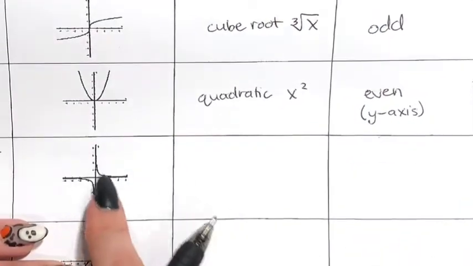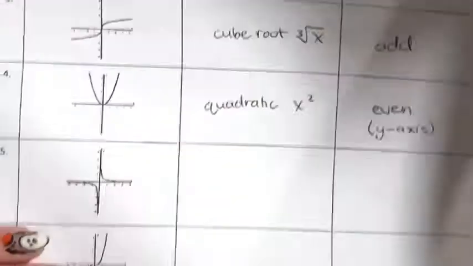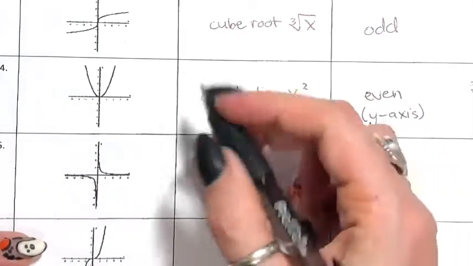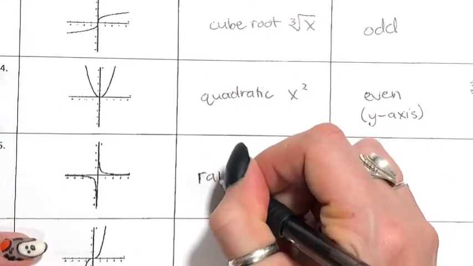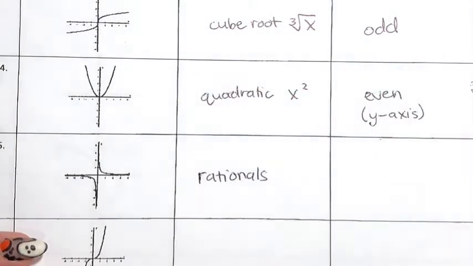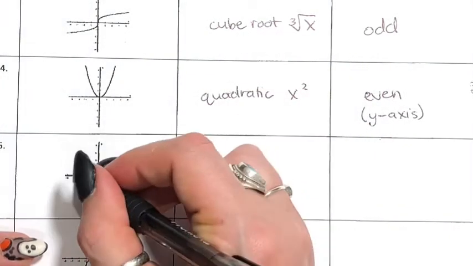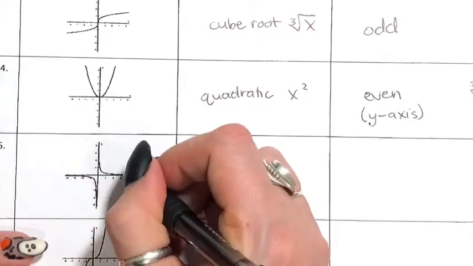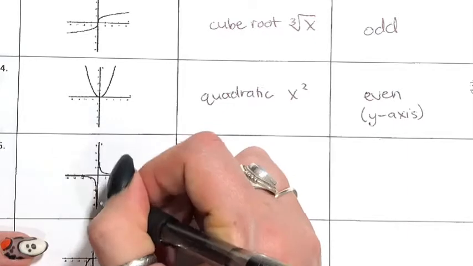Okay, this next one, this wasn't on our list of ones that we were looking at a second ago, but this actually has to do with the last unit we just did. These are going to be rationals. So rationals, we're going to spend more time graphing these as well, but they have what we kind of call a saddle shape. So there's going to be an asymptote right here.